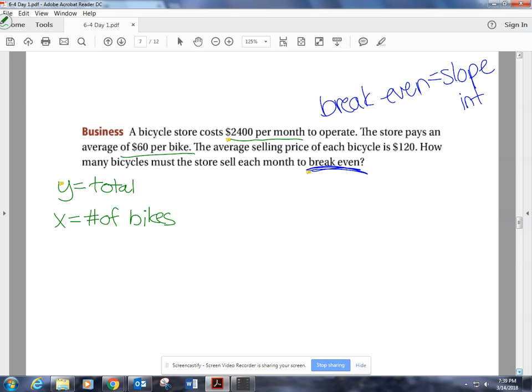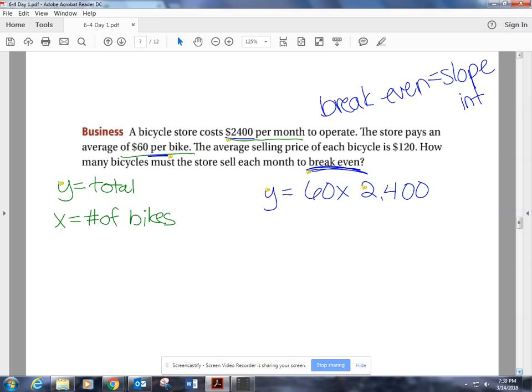Okay, the total, Y, is going to equal, well, $60 per bike. That happens over and over again, so we're going to say 60X. In addition to that, it's a starting cost of $2,400, so we're going to say plus $2,400. Then it says that the average selling price of each bike is $120.